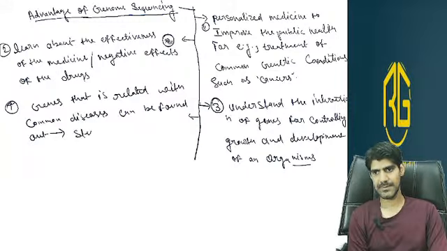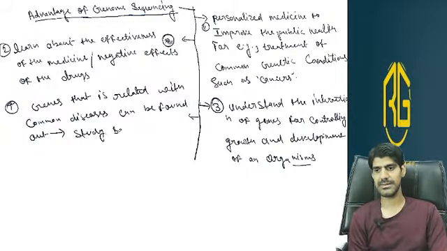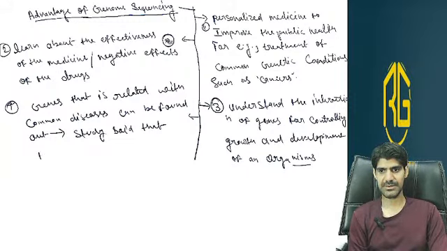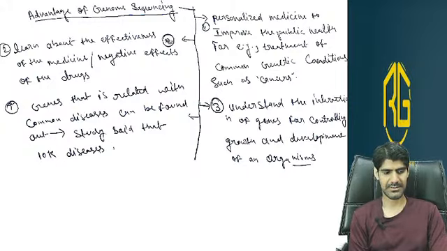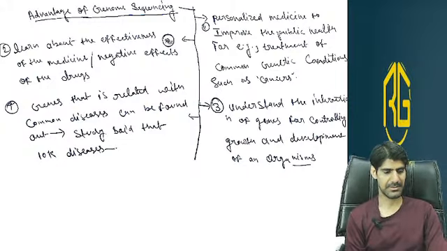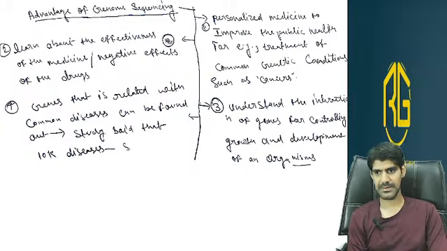For example, according to a study, almost 10,000 diseases relate to a single gene malfunction.